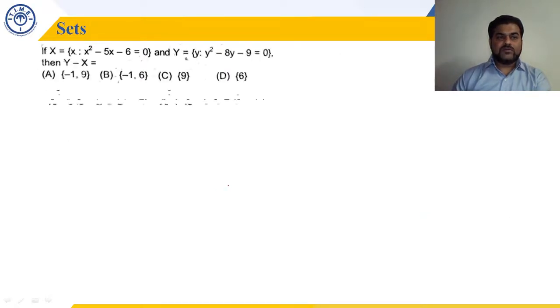Let's look at this example. We have set X which contains those elements small x such that this equation is satisfied, and set Y contains those elements small y such that this equation is satisfied. Let us first solve the equation and then we will see what set Y minus set X gives us.